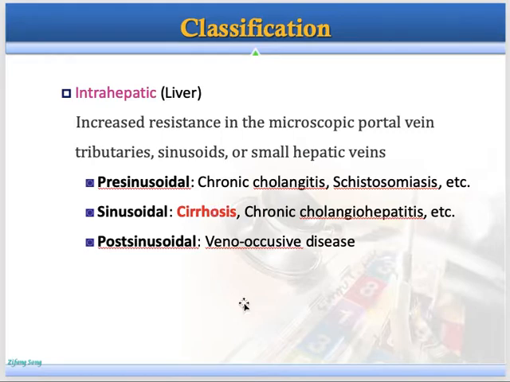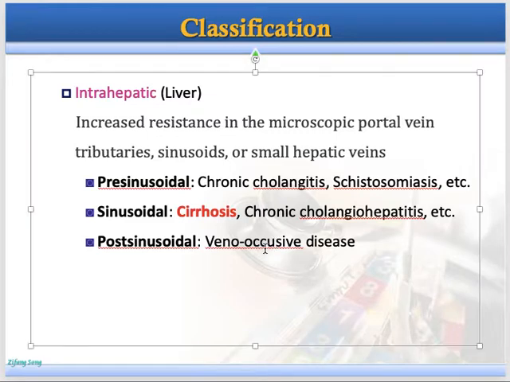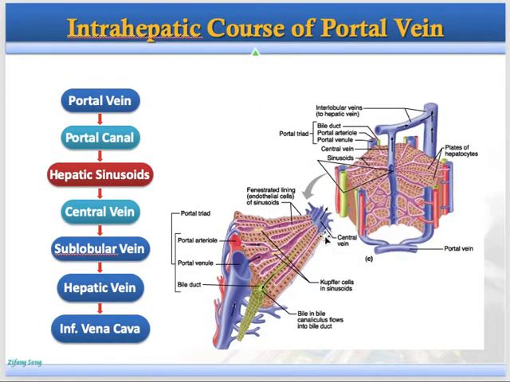And it could be post-sinusoidal, like veno-occlusive disease. For example, if this one is blocked, what will happen? Or if this one, the central vein, is blocked, what will happen?